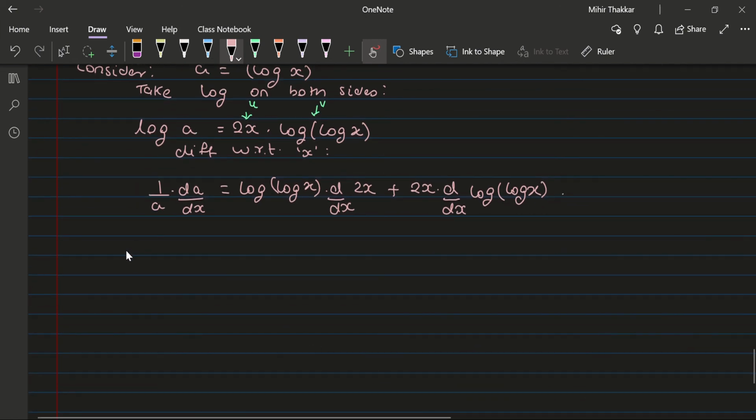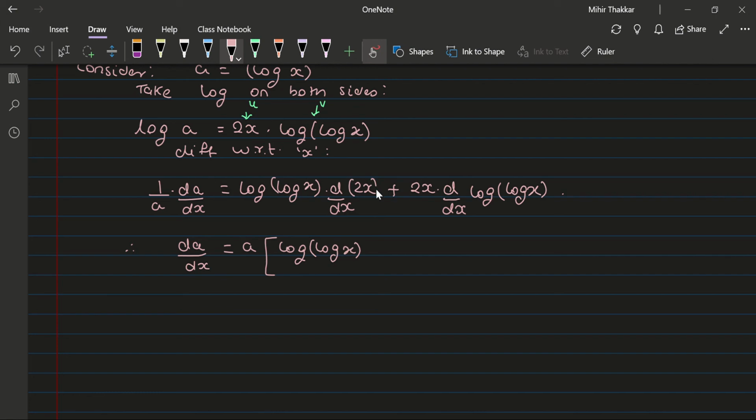Now we are interested in the value of dA by dx. So cross multiply that A on the opposite side, inside the bracket. Log of log x will be as it is because the derivative sign does not affect the term behind it. But obviously the derivative of 2x is 2 into 1, which is equal to 2, plus this 2x over there remains as it is. And now log x is considered as f(x). So what is the derivative of log of f(x)? 1 upon f(x) into derivative of f(x).